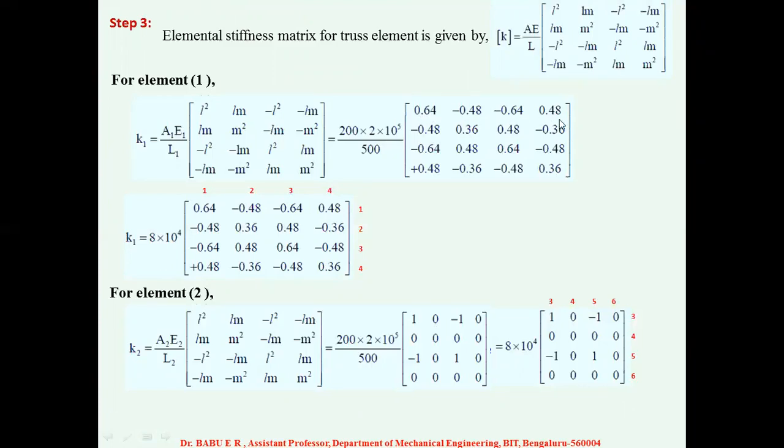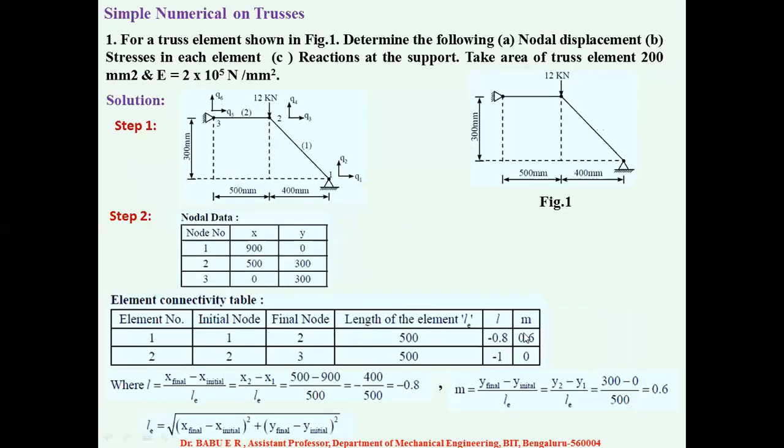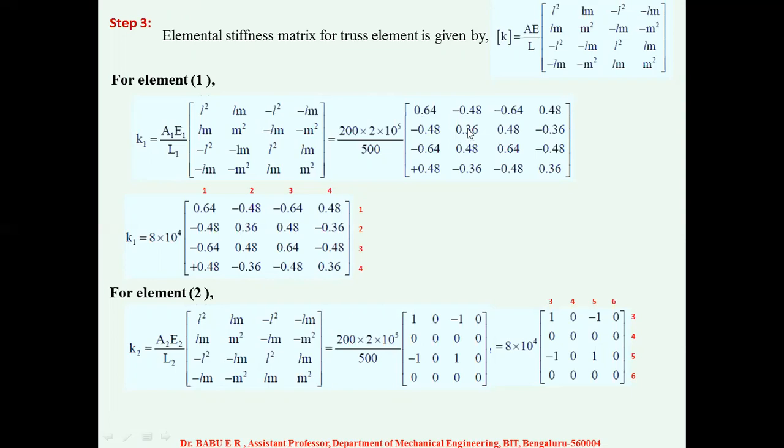As soon as you complete this, write the row as a column. Again go for m square, which is 0.6 square, so it is 0.36. Once you write these two, write the same thing over here with opposite sign. Now the same thing you write over here, so you will get the two values right over here with opposite sign, and again these two values right here with opposite sign. So that completes the value of k1.